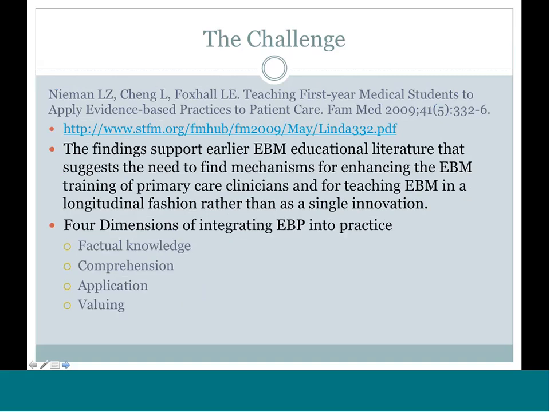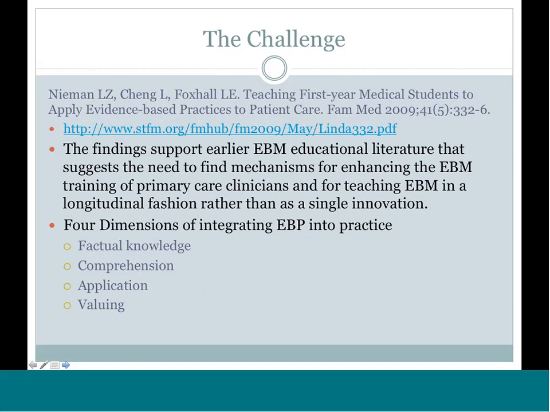One other article then that I looked at, again, it's also about this idea of teaching it in a longitudinal fashion. It's got to be there every day.